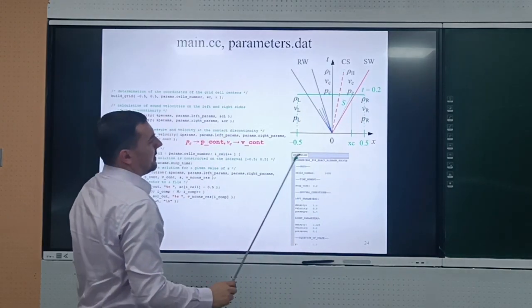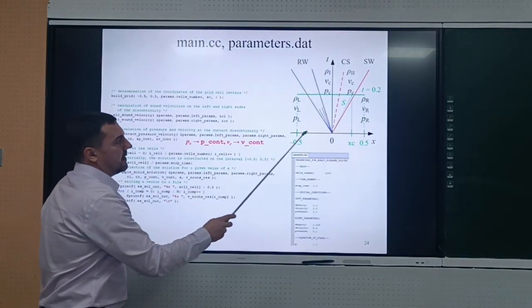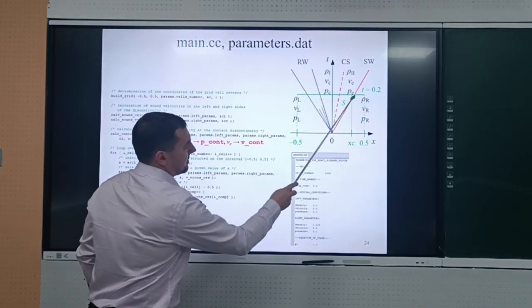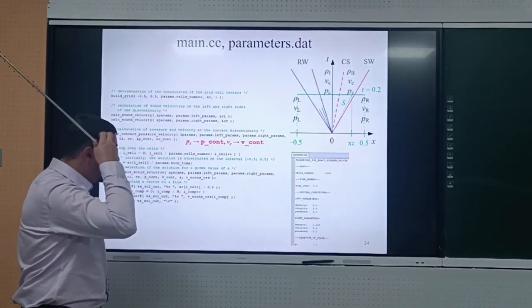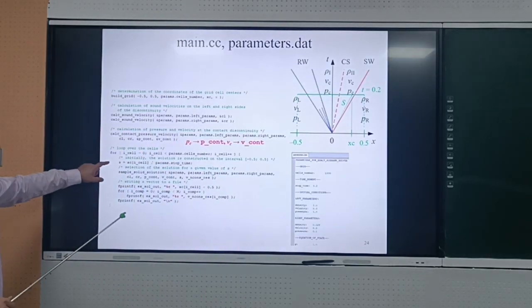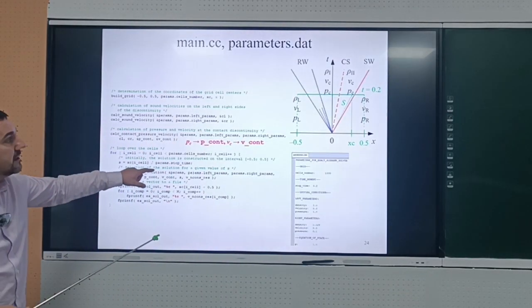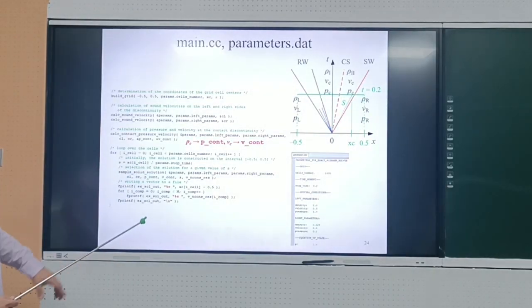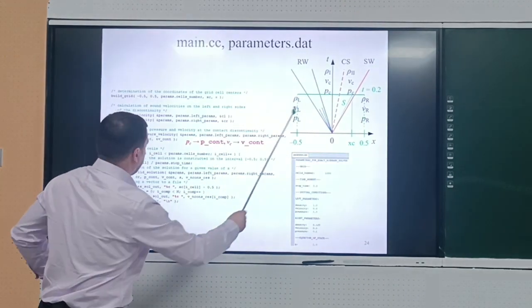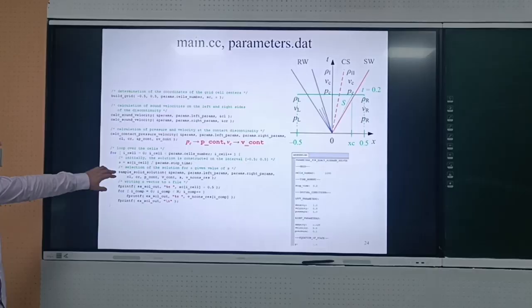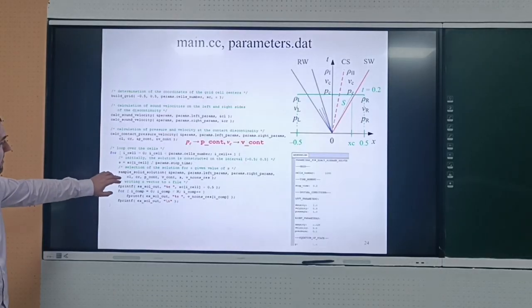And for each ray, we define the area in which it is situated. So S is x over t. It's our self-similar variable. And for this ray, there is a function called sample solution.